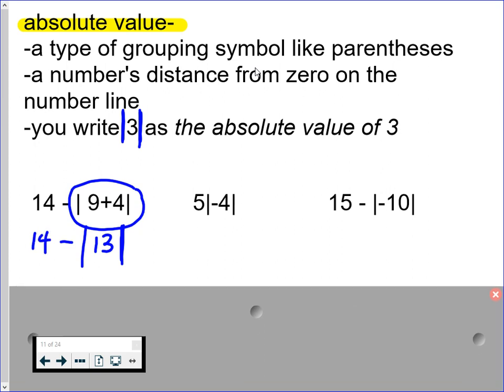How far away is 13 from 0? Oh, that's 13 jumps. So this whole thing just becomes a regular 13. 14 minus 13, 1. So that whole long numerical expression just simplified down to a 1.